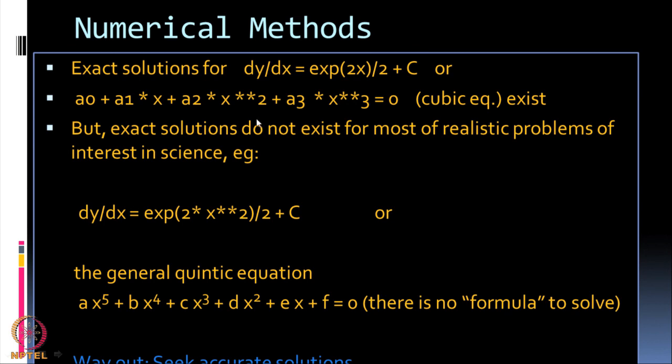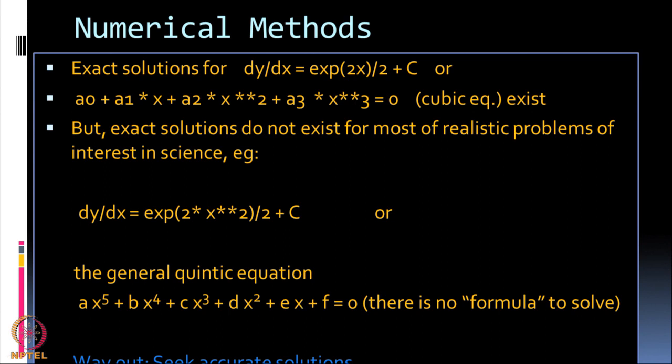For the quadratic, cubic and quartic, there are exact solutions, but for the quintic equation, a x to the 5 plus b x to the power 4 plus c x cubed plus d x square plus e x plus f equal to 0, there is no formula to solve it. Not only that, there is no formula to solve equations of higher power than x to the 5. So, even for these polynomial equations, if you want to find the roots, there is no exact formula.